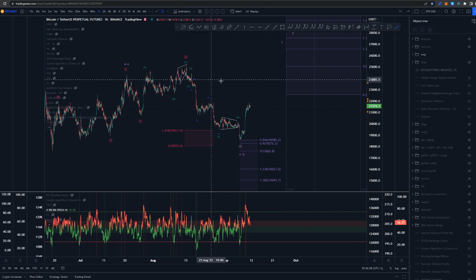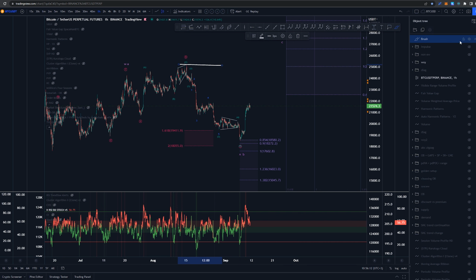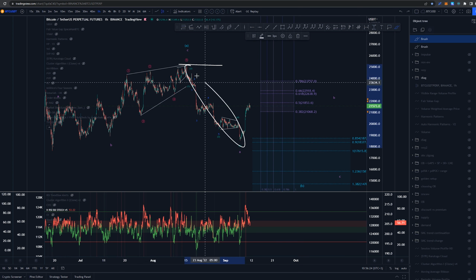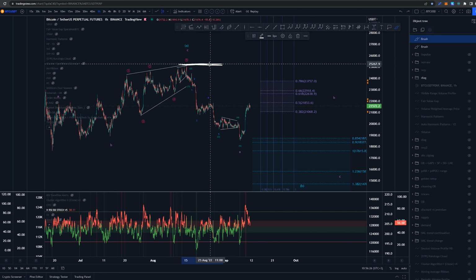Of course, the clear invalidation for this diagonal structure here, called diag just because I had the diagonal here, it does not really matter, on this structure where we have the start of something here, the invalidation would be at these highs.